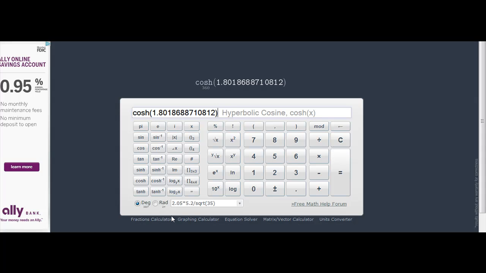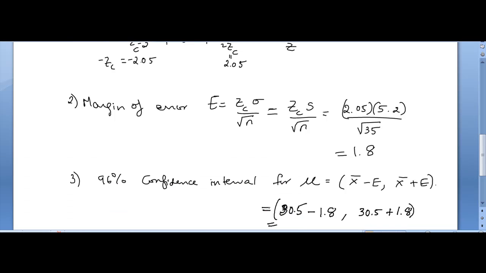So 30.5 minus 1.8 is 28.7, and 30.5 plus 1.8 is 32.3. So our interval is 28.7 to 32.3.